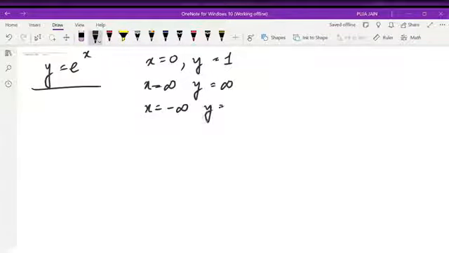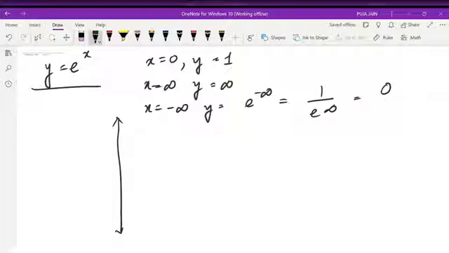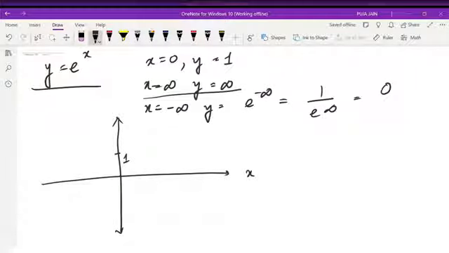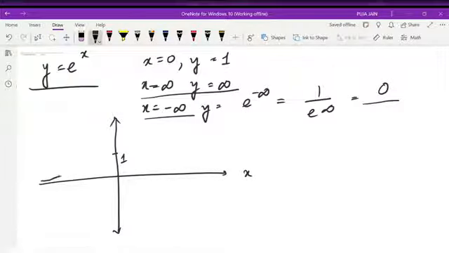E to the power minus infinity, that is 1 by e to the power infinity, that is 0. Okay, so our graph will be like, at x equals to 0, y is equals to 1. Suppose this is 1. X equals to infinity, y is infinity, and at x equals to minus infinity, y is tending to 0. So this way, this is our graph nature.